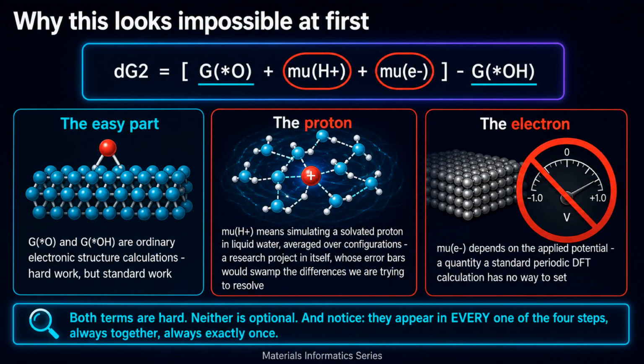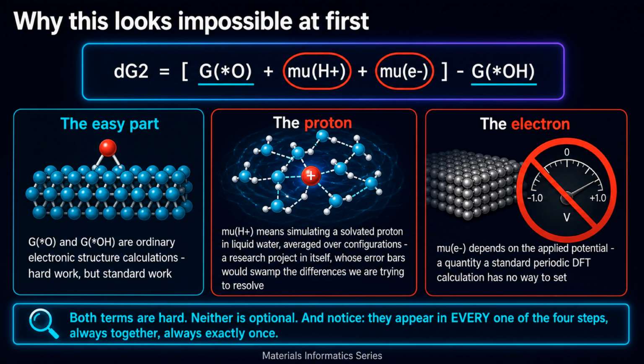To compute the free energy of Step 2, you need the products minus the reactants. The surface terms are ordinary electronic structure calculations, hard work, but standard work. The trouble is the other 2 terms. The chemical potential of a proton in solution means simulating a solvated proton in liquid water, with the hydrogen bond network reorganizing around it, averaged over configurations.